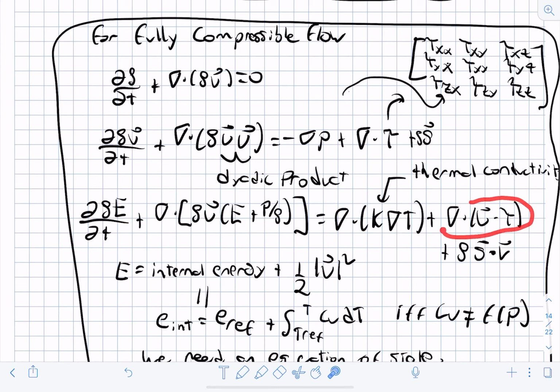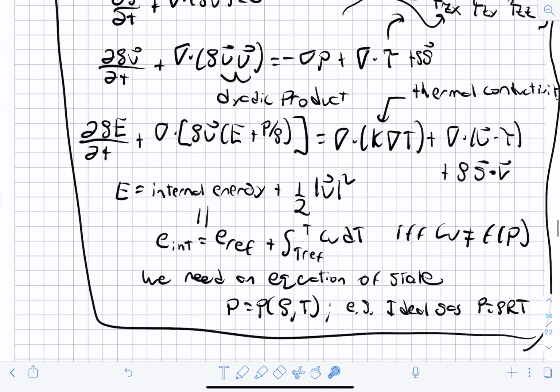This is the viscous work term, and this is the work done to the fluid element due to gravitational work. For compressible flows, it is traditional to neglect potential energy. And so this cap E is just the internal energy per unit mass, so it is internal energy plus the kinetic energy.